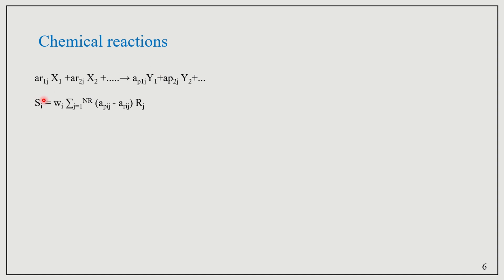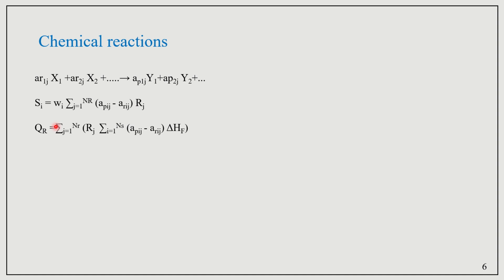And here the source term, which we saw in the species conservation equation, comes out as Wi into summation over j equal to 1 to Nr of A_Pij minus A_Rij into Rj. Rj is the rate of the reaction.